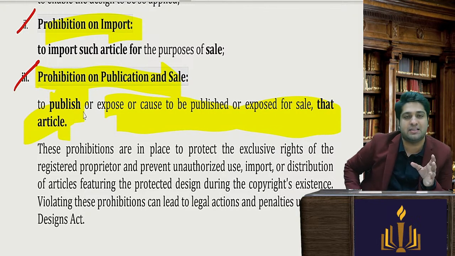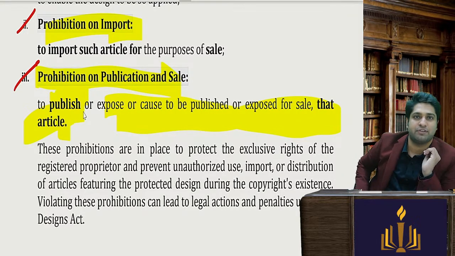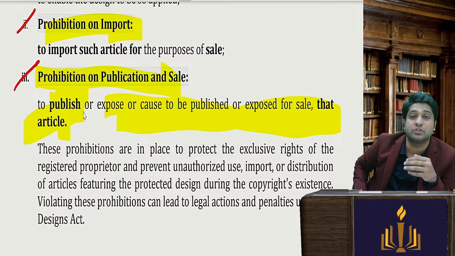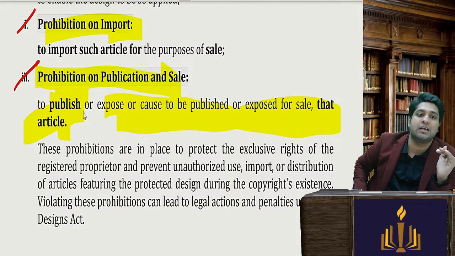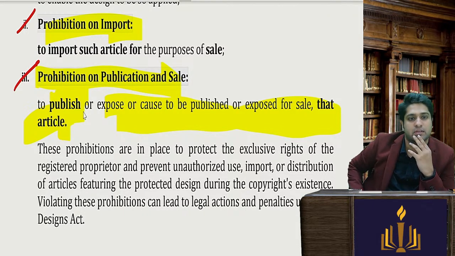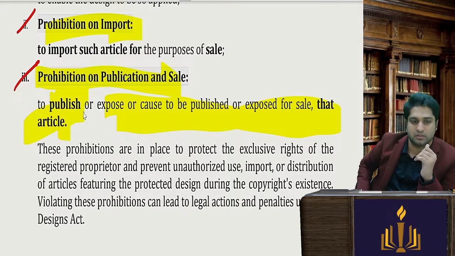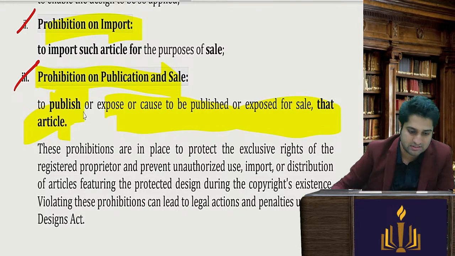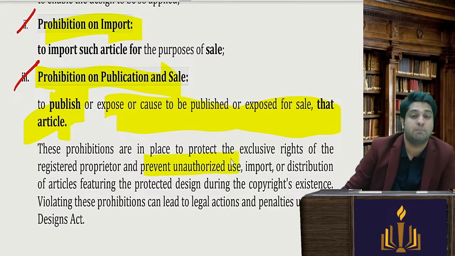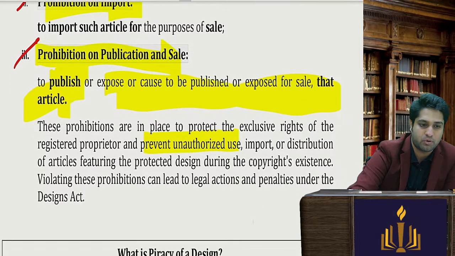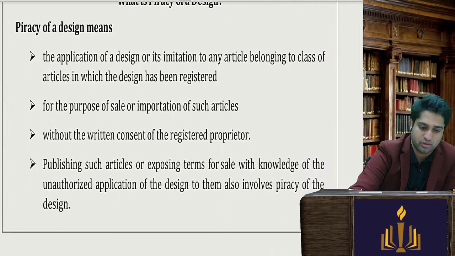Let's say there's a graphic designer who has made the design and someone else is using the graphic design and selling it on certain e-sites, saying, listen, I am the owner, you can use my design. So the registered owner can prevent such unauthorized use, importation, distribution or publication of the design.